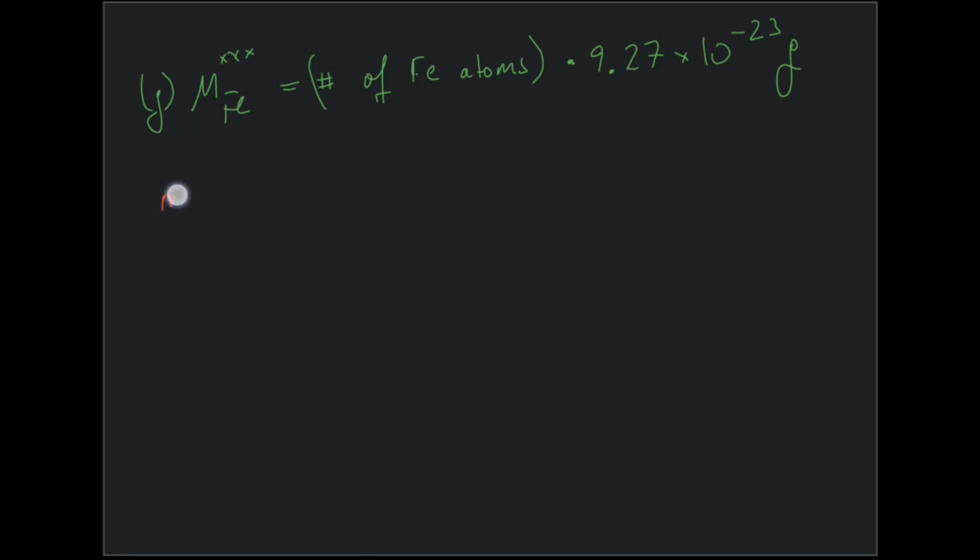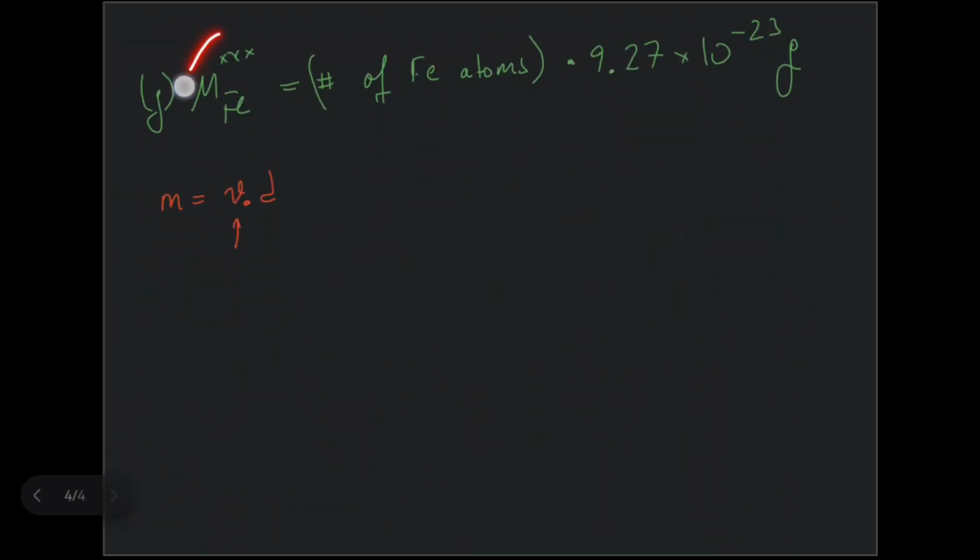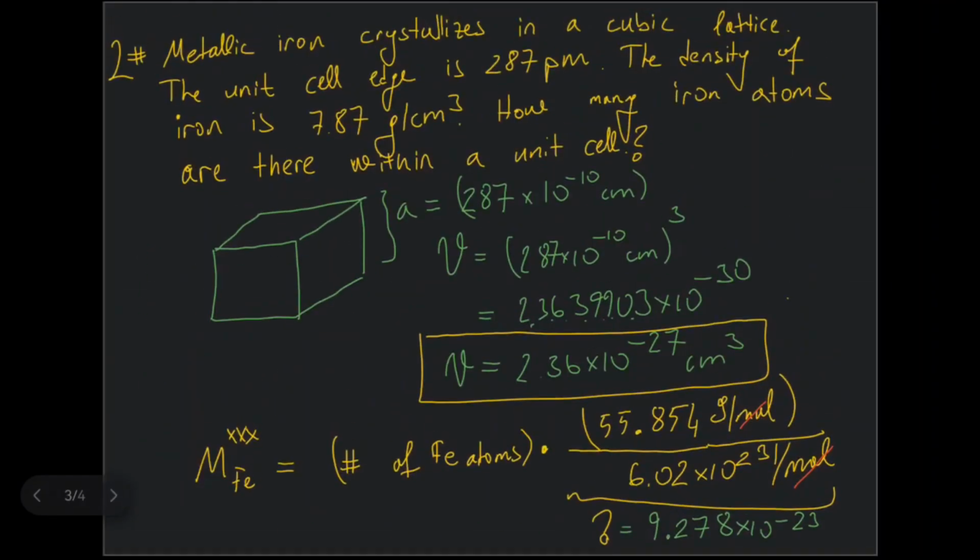And we also know that mass is volume times density. In our case, we know the volume, which is this number, and we know the density. So actually, we can easily calculate this number. To do that, we have to multiply the density of the iron, which is this number, and our calculated volume.